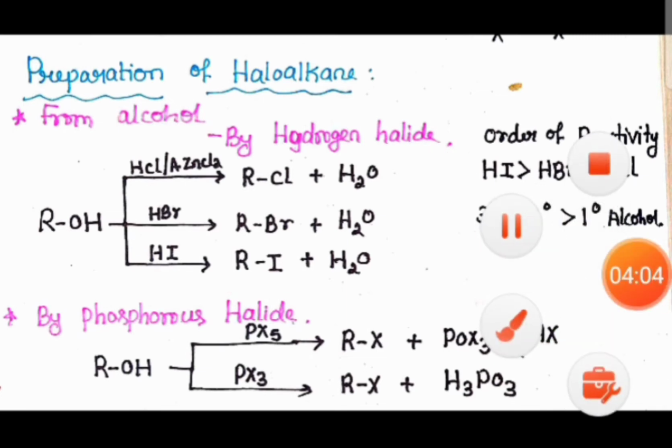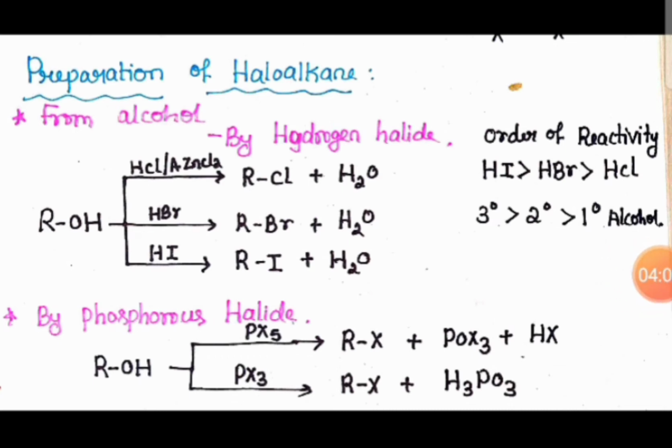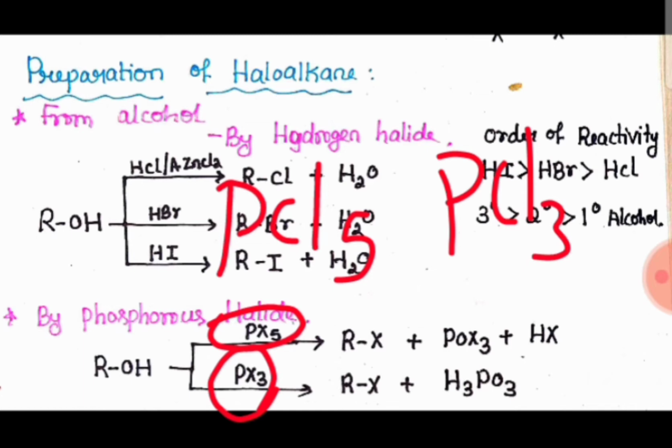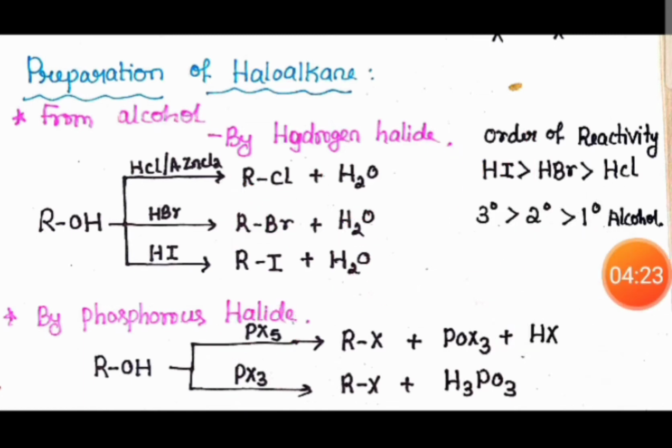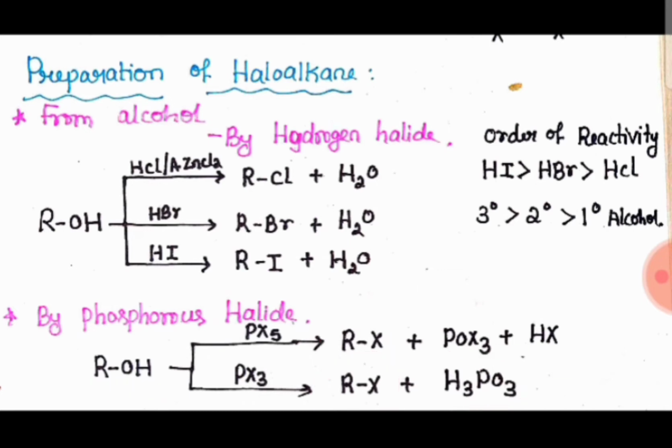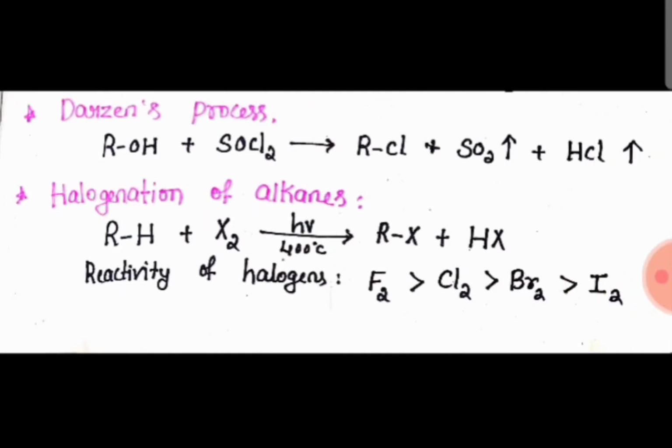Now the second method is the preparation of haloalkanes from phosphorus halides like phosphorus pentahalide, PCl5, phosphorus pentachloride, and phosphorus trihalide like PCl3, phosphorus trichloride. So when we treat phosphorus halides with alcohol, we can get alkyl halides or haloalkanes along with the respective byproducts. So these reactions you need to practice.